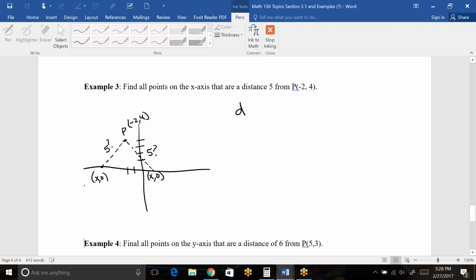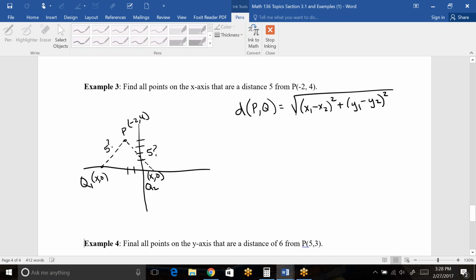So I'm calling these arbitrary points Q1 and Q2. We're going to find the distance between P and Q, where we're going to actually solve for both of these at the same time. And we know that that would be the square root of x1 minus x2 squared plus y1 minus y2 squared.